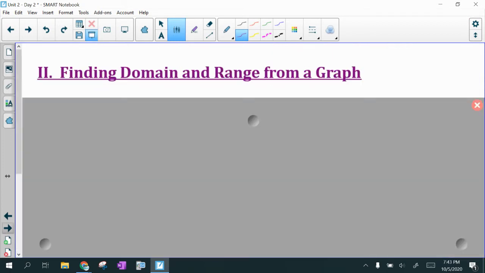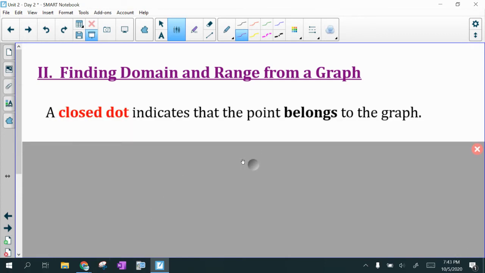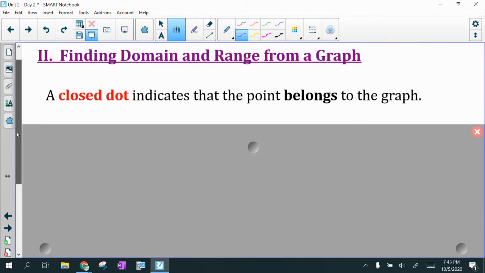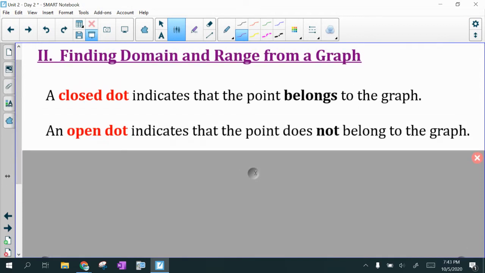Next, finding domain and range from a graph. Again, it's the same rule as a number line. It's just that we have to be a little more careful. When we have a closed dot, that point is part of the graph. If I have an open dot, that means it doesn't belong as part of the graph.